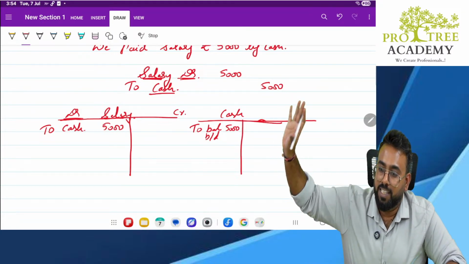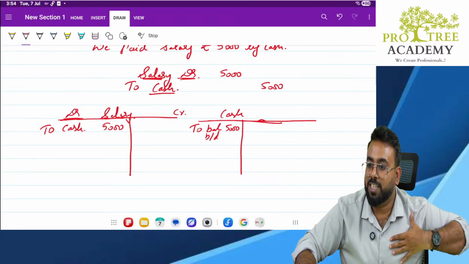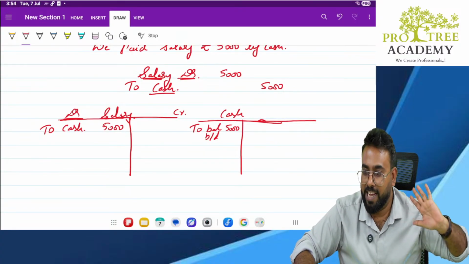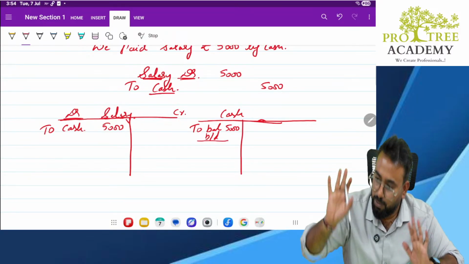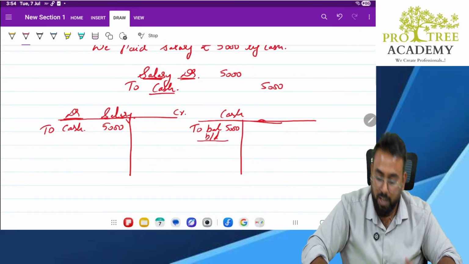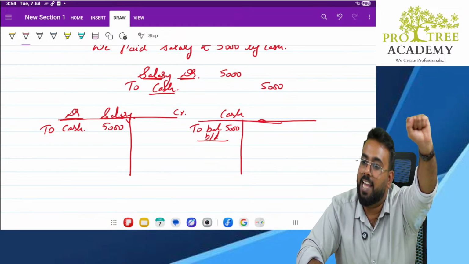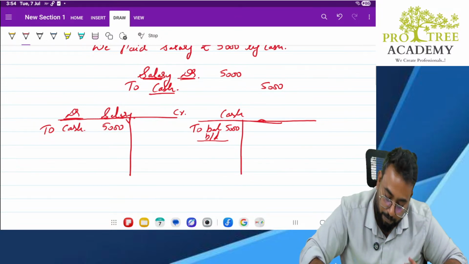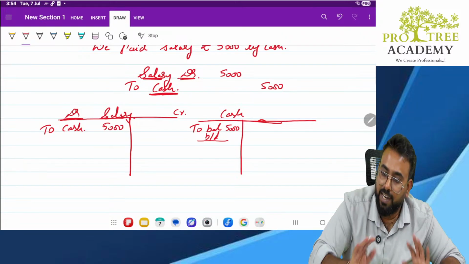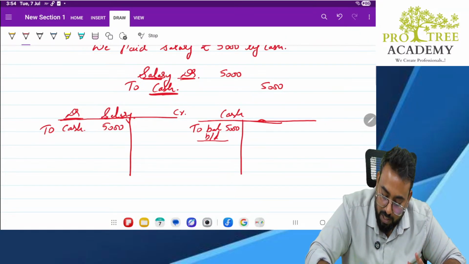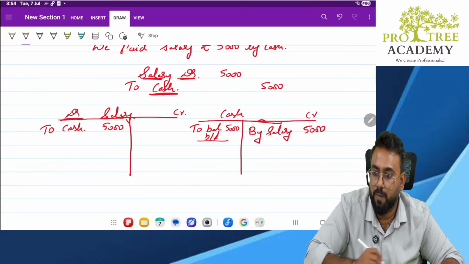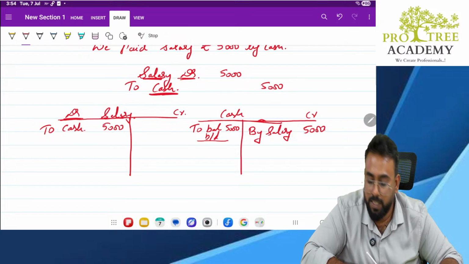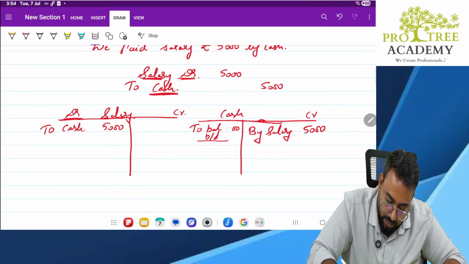This to balance brought down is nothing but our opening balance. That means we had cash of 5,000 rupees. Clear? Now don't worry if you don't understand how it is written, first you understand, then you will automatically understand this also. To balance brought down is 5,000 rupees. That means we had a cash balance of 5,000 rupees. Now, cash is credited or debited? Credited. So we should start on the credit side. So it will be by cash. Let's take this as 10,000.